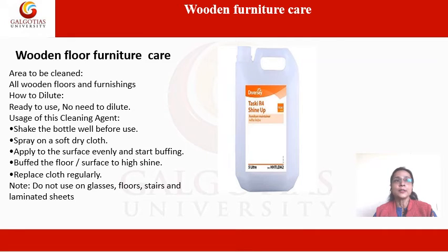It is always advisable that if any chemical is being used for cleaning any surface, not only a wooden surface or a glass surface, the cleaning agent should not be applied directly onto the surface, because ultimately that will damage the brightness and the outer layer of that surface. Next comes spray on the soft dry cloth.